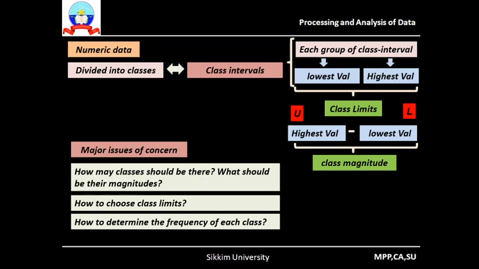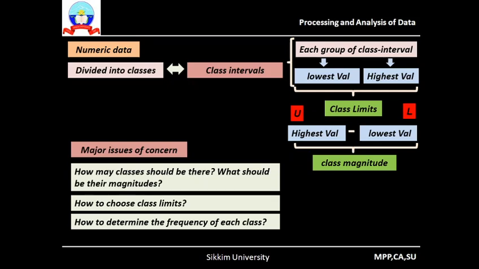Each and every class interval has a lowest value and a highest value. Lowest value is represented by L, and highest value is represented by U. These two values are referred to as class limits, and the difference between these two values is referred to as class magnitude.